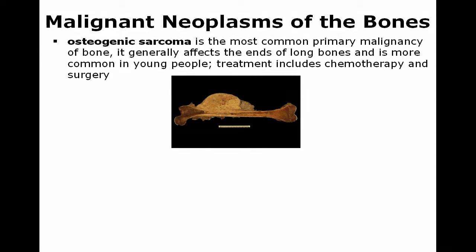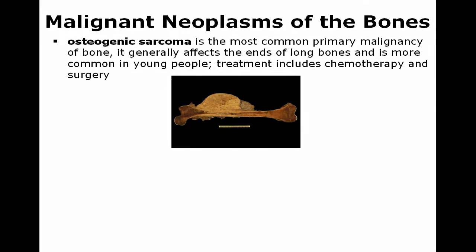Okay, the osteogenic sarcoma, the most common primary malignancy of bone. You know that malignancy means cancer. When I talk about just musculoskeletal tumors, a tumor can be benign, which is non-cancerous, or malignant, which is cancerous. The osteogenic sarcoma is cancerous. It's the most common of the primary malignancies of the bone.